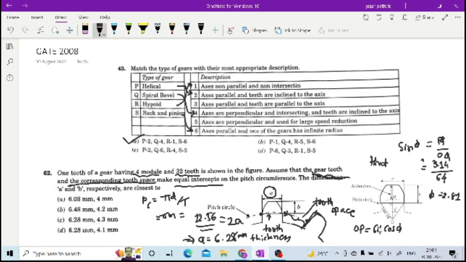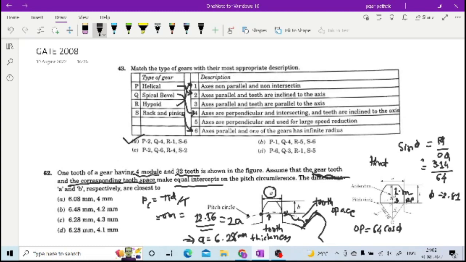So once you calculate the value of OP, then you have to calculate this PR, because from here to here the addendum is generally provided as 1 into module, whatever distance is mentioned as addendum, 1 into module.